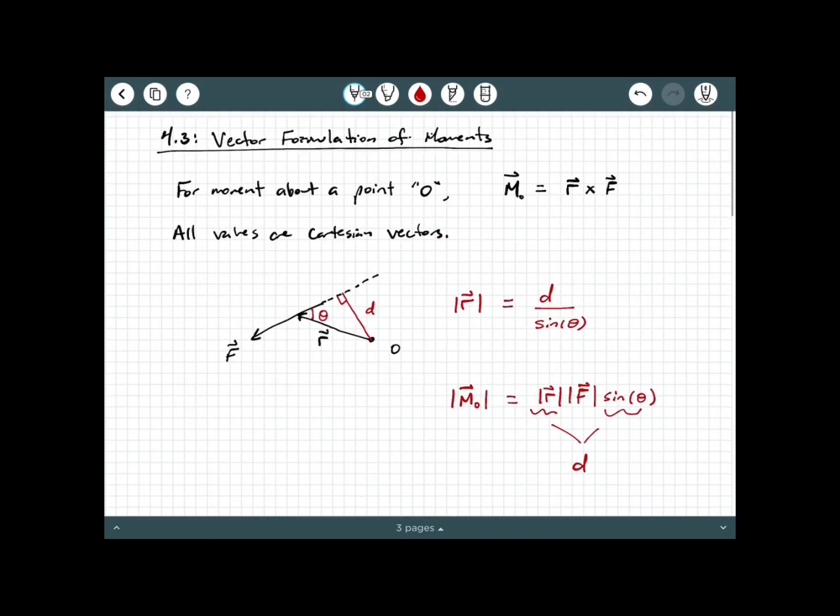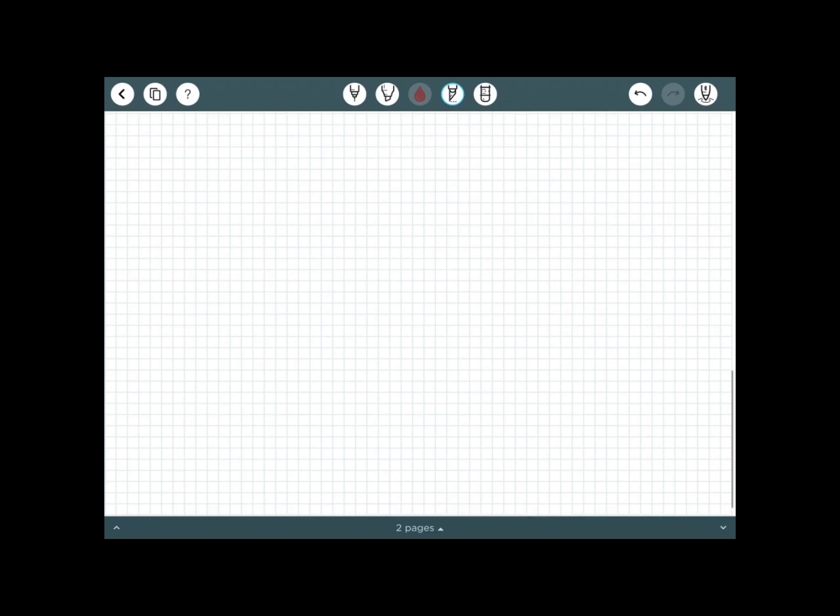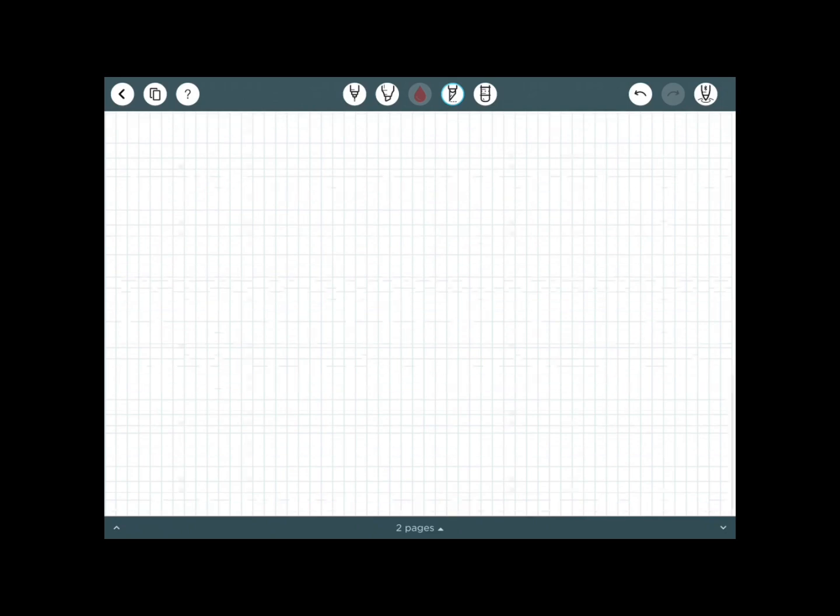So we implied it with this figure. Notice we drew vector R from point O to the line of action of the force here. Okay, so that's important, and again, we'll see this play out in our numerical examples.